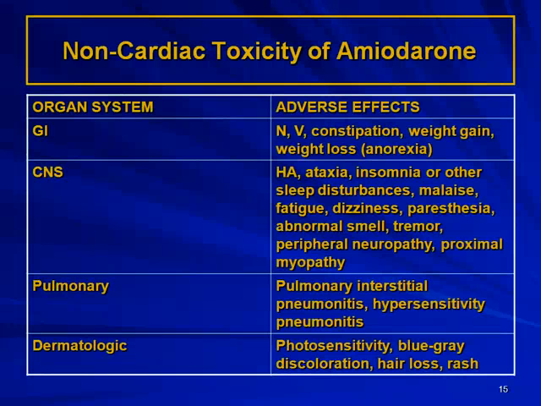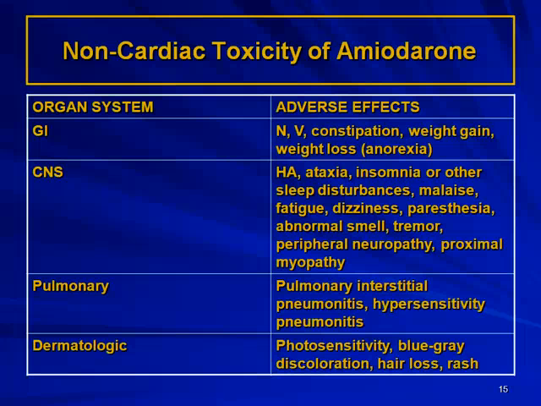The ones that I think are the most common have to do with tremor and then ataxia. If that's allowed to progress, there are reports of peripheral neuropathy. We're not exactly certain of the mechanism, but we think that because it is so lipophilic, amiodarone tends to accumulate in peripheral nerves and can actually cause peripheral nerve dysfunction.